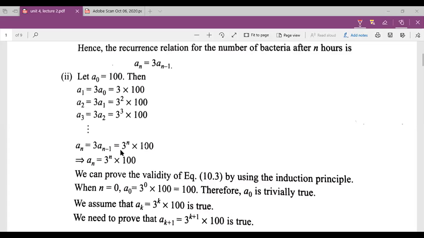This is the iterative formula for the recurrence relation: a_n = 3 to the power n times 100.